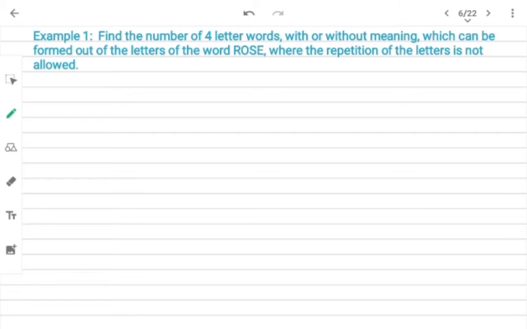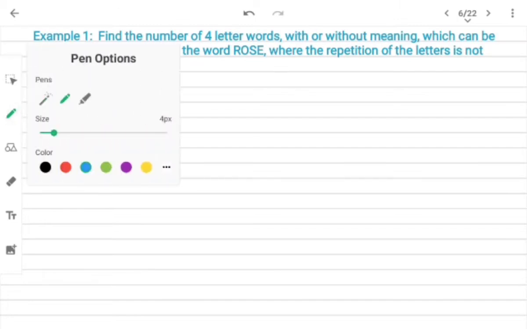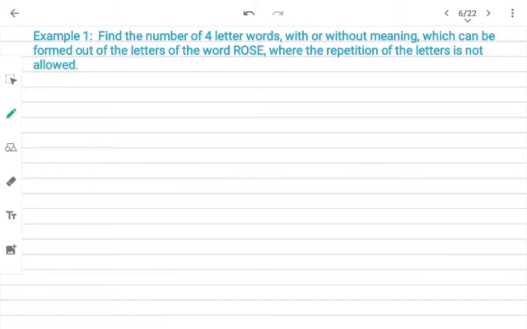So you have to take the letters from the word ROSE. Now I am taking the letters R, O, S, E, where the repetition of the letters is not allowed. Here the repetition is not allowed. We have to be careful with this.